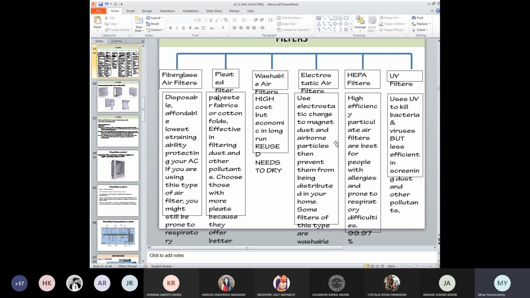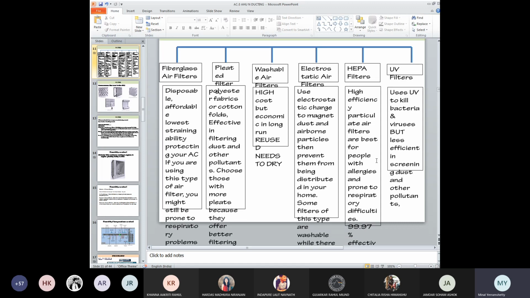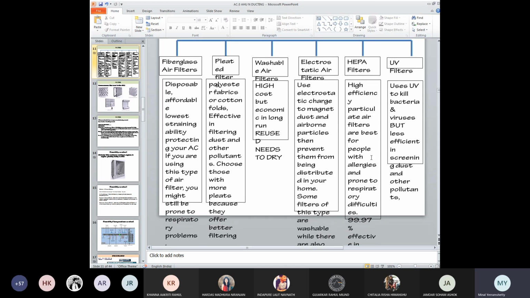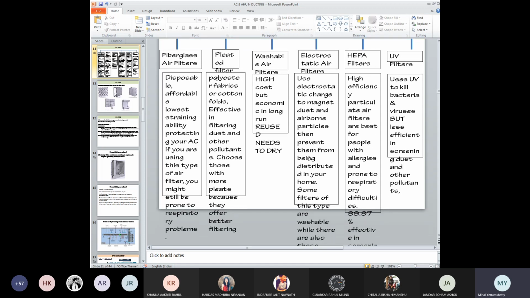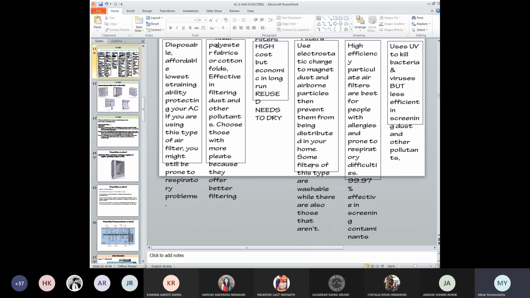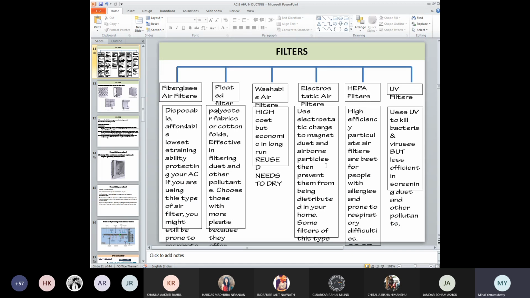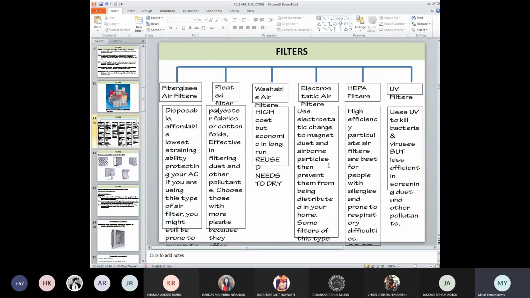Okay, HEPA filters, high efficiency particulate air filters, are best for people with allergies, and prone to respiratory difficulties. 99.97% effective in screening contaminants. So yeah, that effective. That's why I say it's completely used for hospitals.